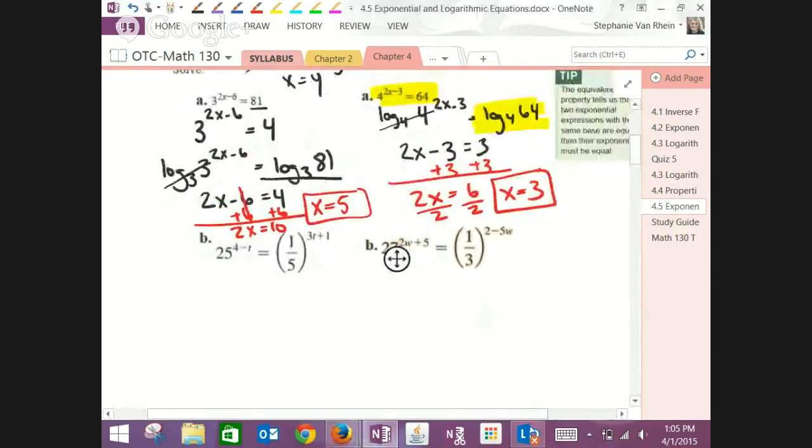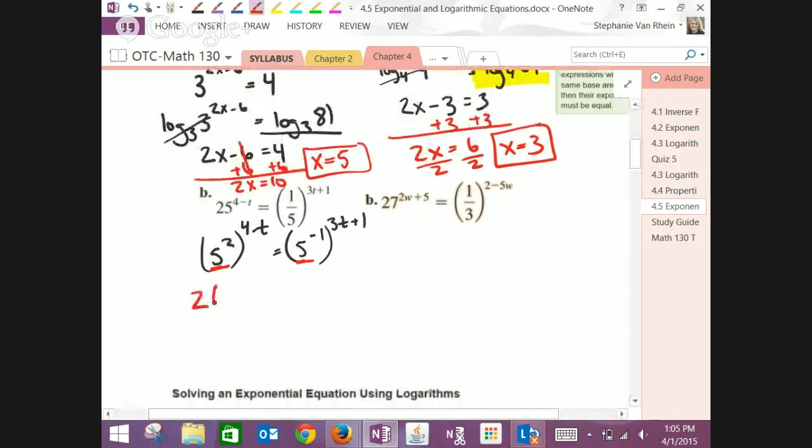Where I want to write it as a power. 5 squared, right? So I could write this as 5 squared to the 4 minus t equals 5 to the minus 1, 3t plus 1. So with the same bases of 5, I could then write this as 2 times 4 minus t equals minus 1 times 3t plus 1.